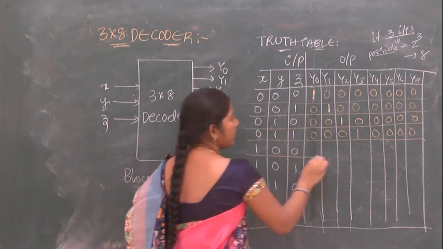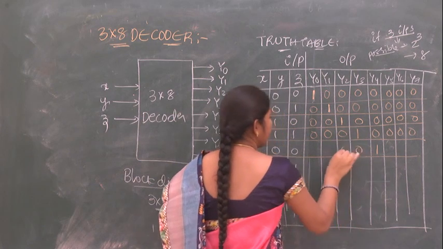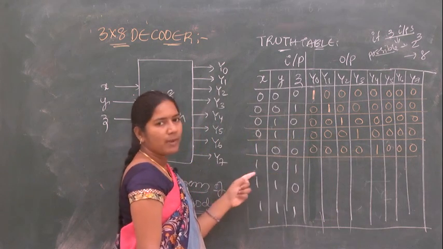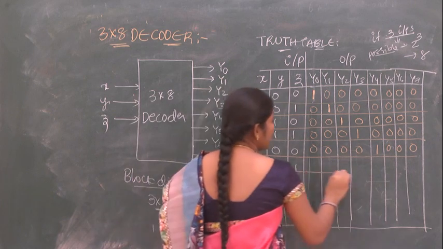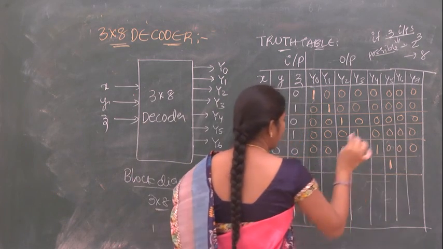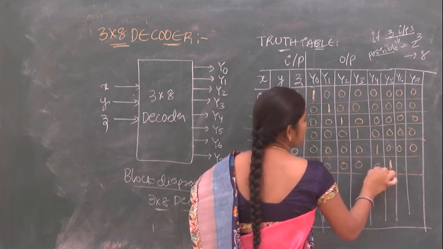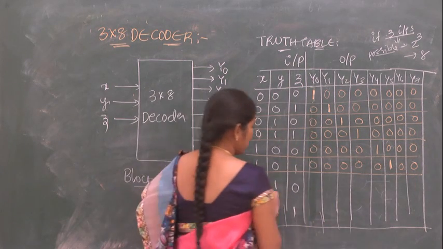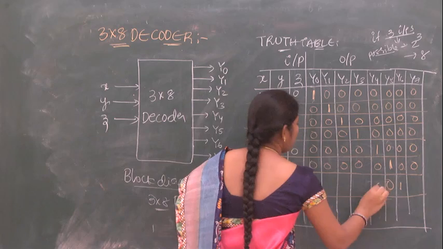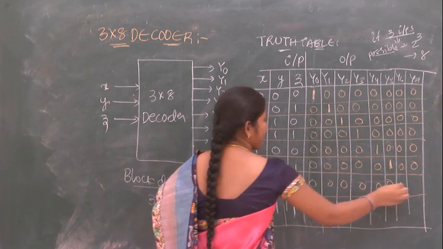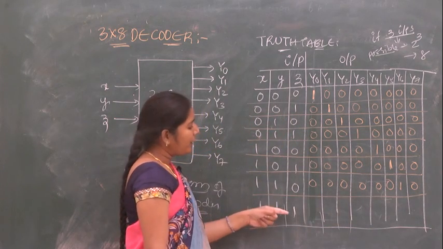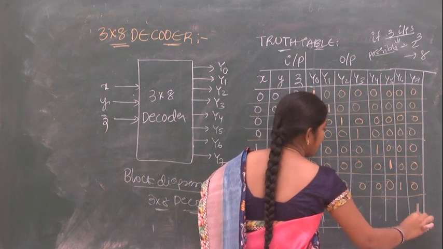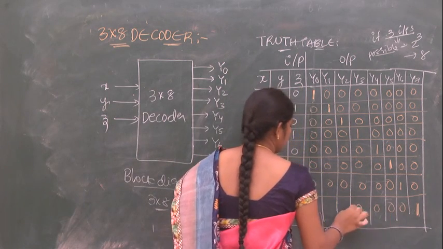100 is 4, so Y4 is high, the remaining all are zeros. 101 is nothing but 5, so output Y5 is only high, the remaining all outputs are zeros. 110 is nothing but 6, so Y6 is high, the remaining all are zeros. 111 means 7, so Y7 is high, the remaining all are zeros.